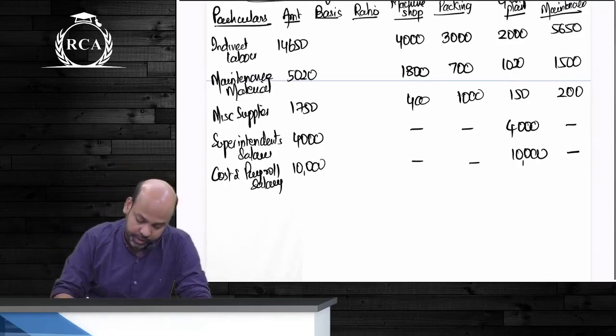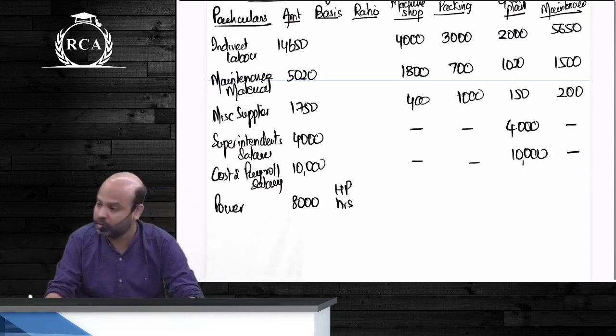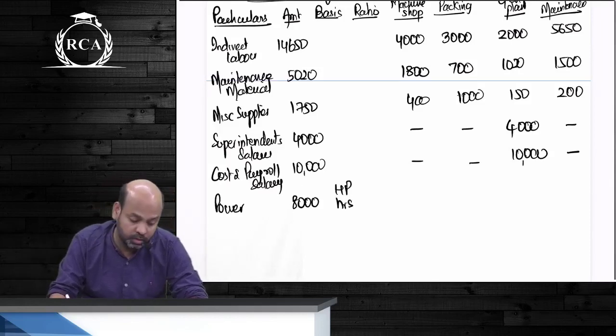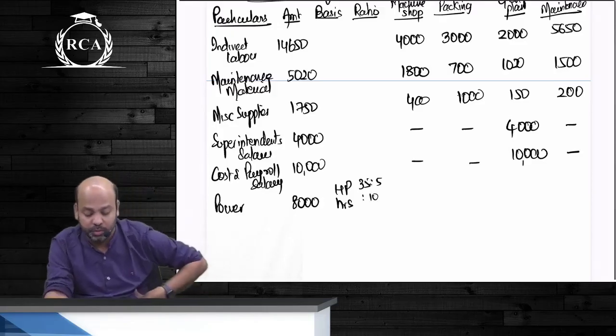Now guys, the overheads to be apportioned. First one is power. You're going to do it on the basis of what? Horsepower hours. Horsepower hours mein beta, there's no horsepower for general plant, it's only for 35. The totals match bhi nahi ho rahe. 1.6 times.